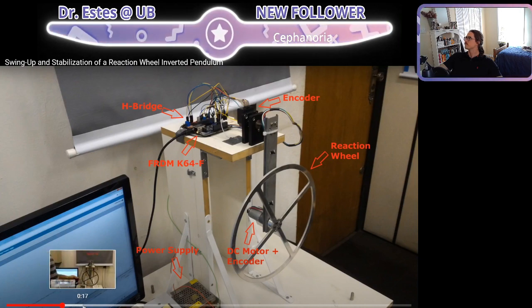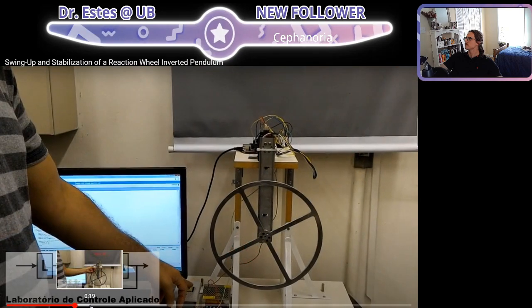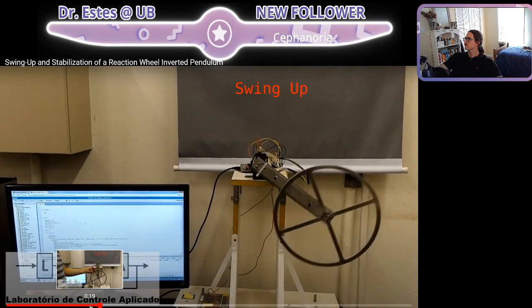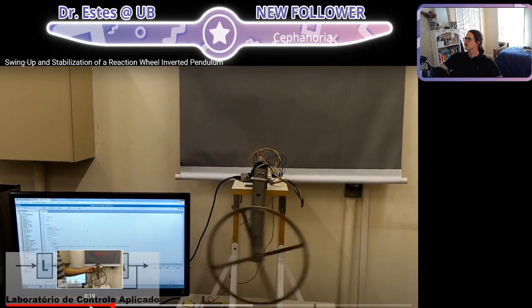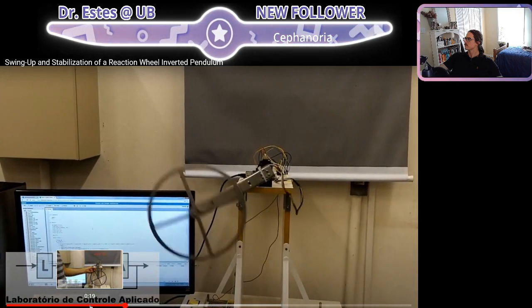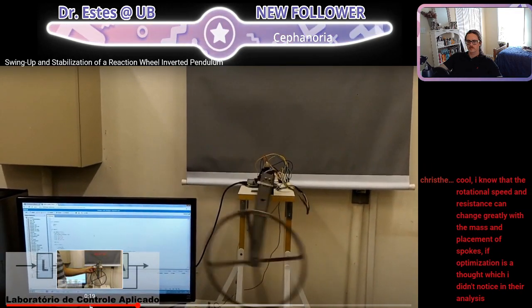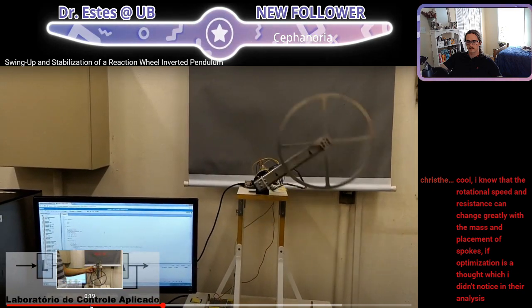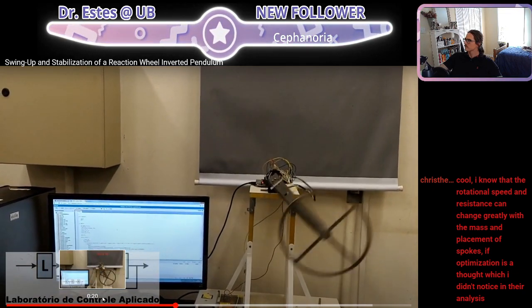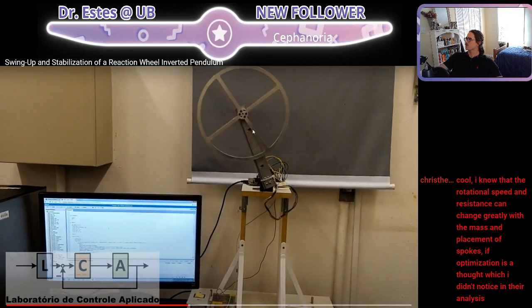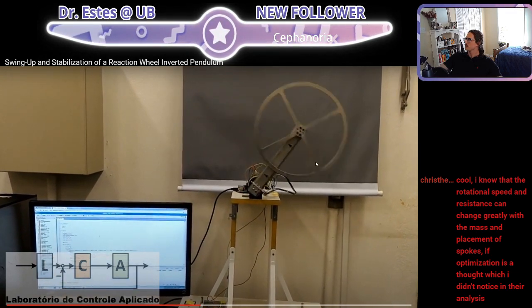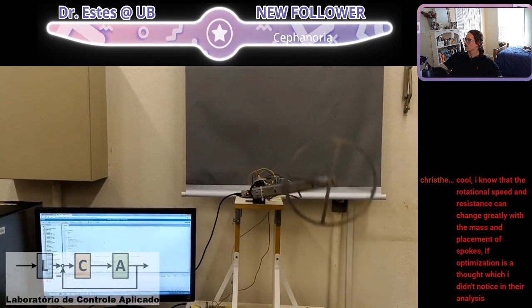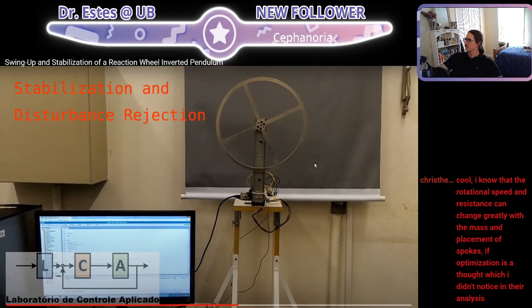Ooh. I think they swing this at the natural frequency of the pendulum. There it goes.